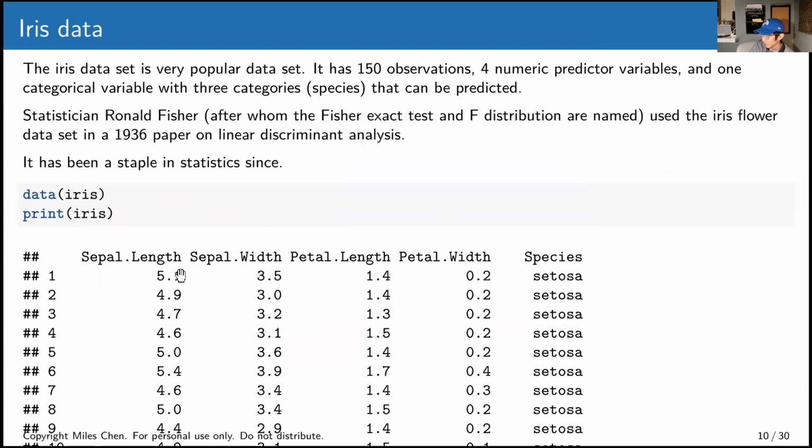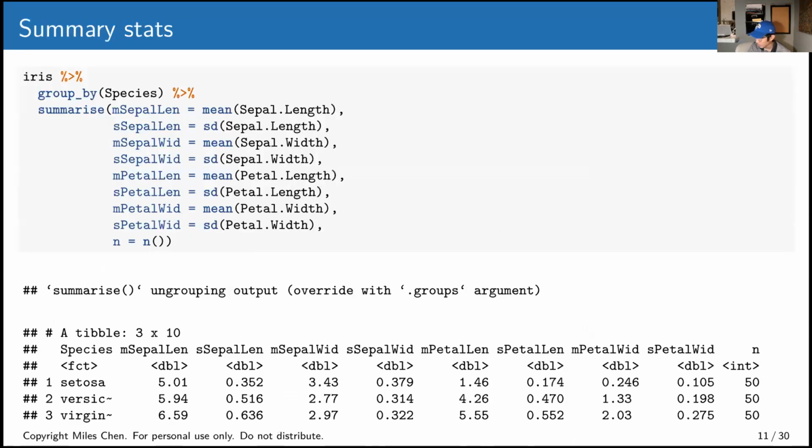All right. And so anyway, we've got measures like 5.1, 3.5, 1.4, 0.2. What kind of values do we get?